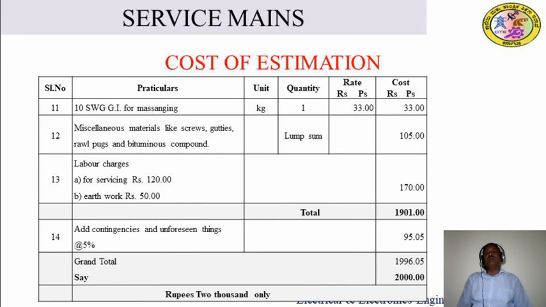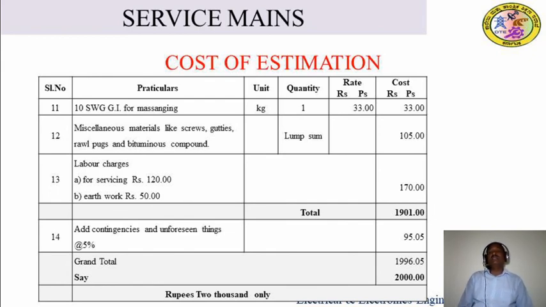So this list we have to submit to the material supplier of a shop. He can easily provide all the material without confusion. So that material you have to fix without interruption to carry on the work. So in this way you have to calculate the schedule of material.